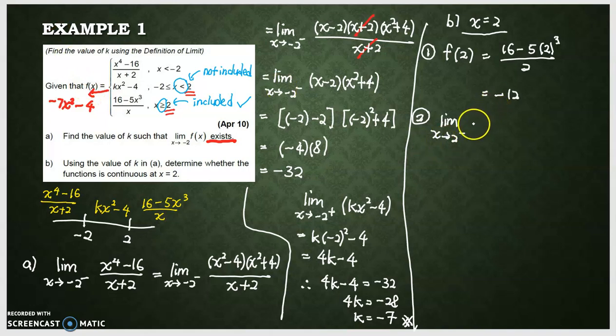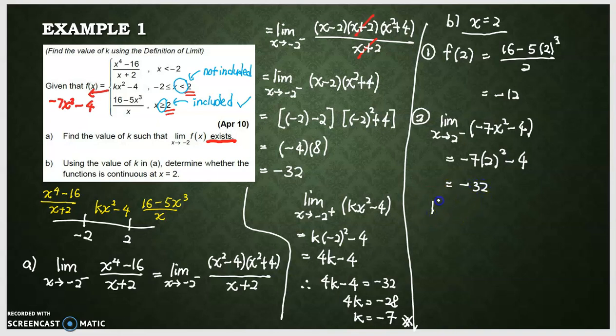We substitute negative 7 times 2 squared minus 4. So negative 28 minus 4 is equal to negative 32.